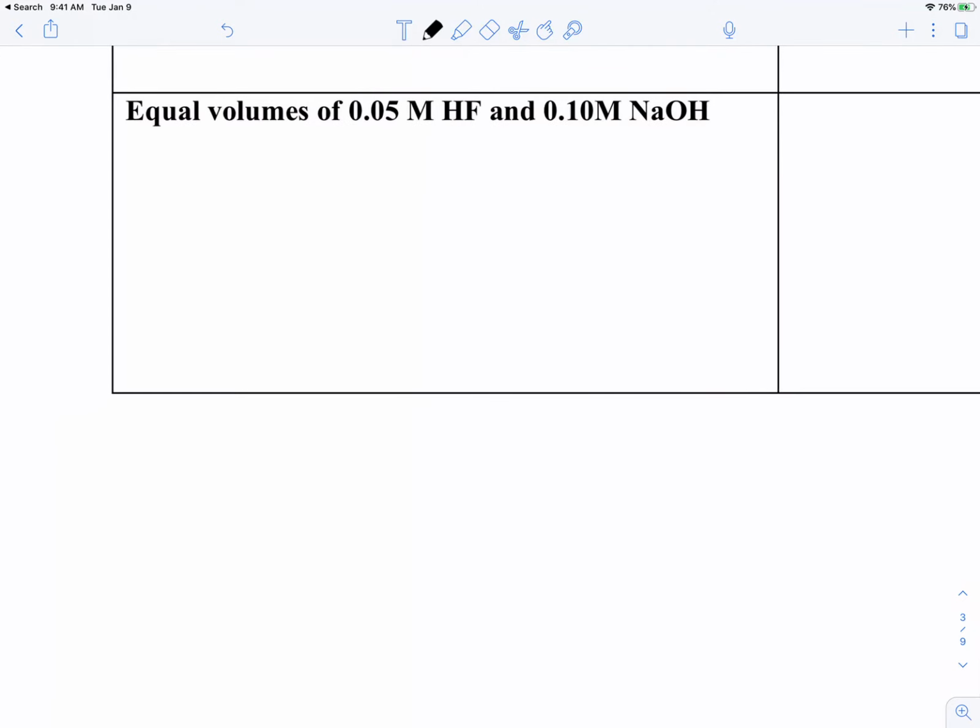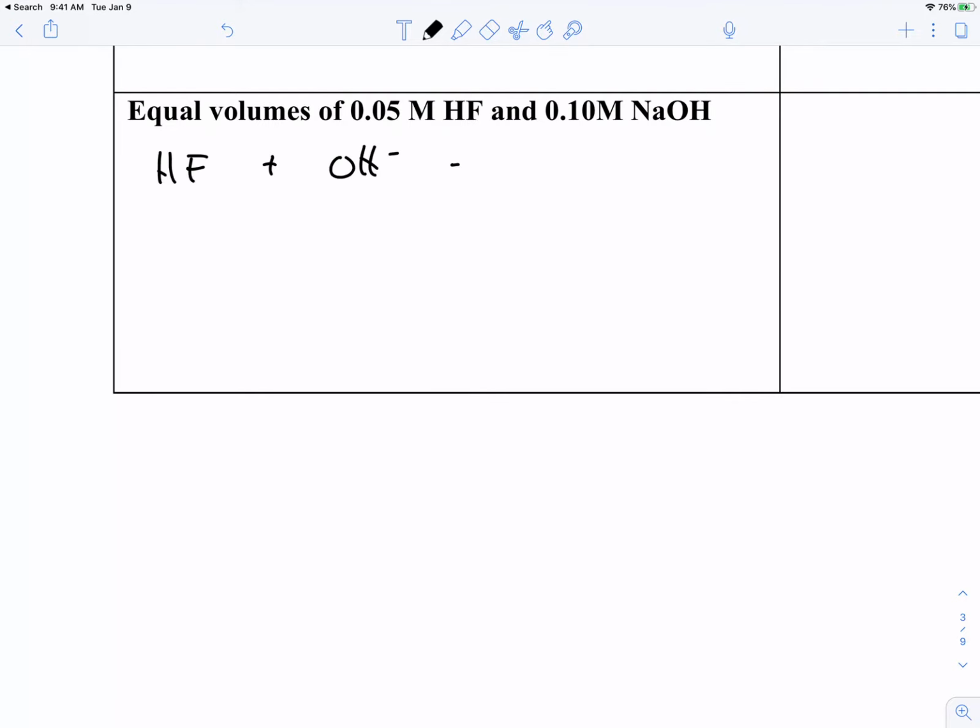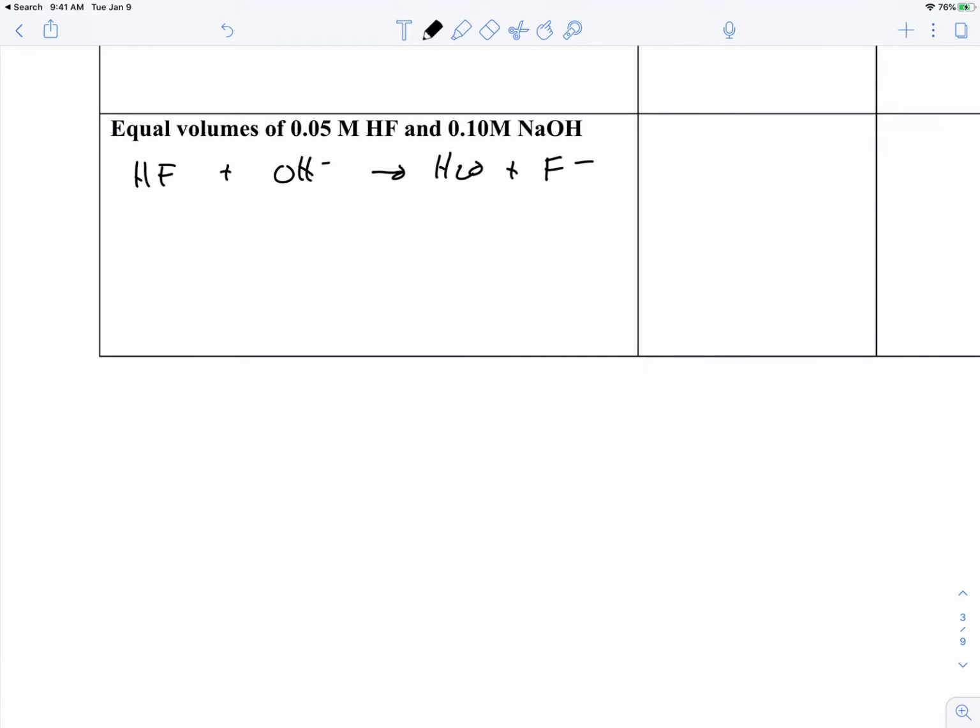Well, let's take a look at this case at the bottom. So let's take the same reaction. All right, in this case, our initial concentration is 0.10 molar for the hydroxide and 0.05 for the acid, and of course 0 for the fluoride. What will we have at the end?